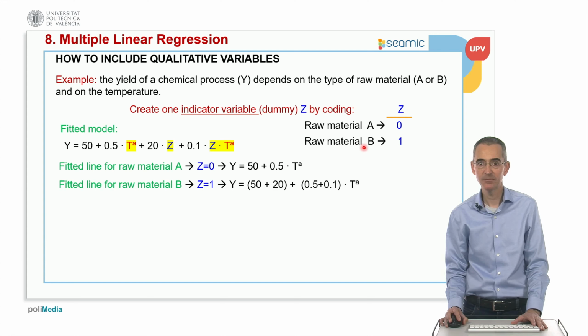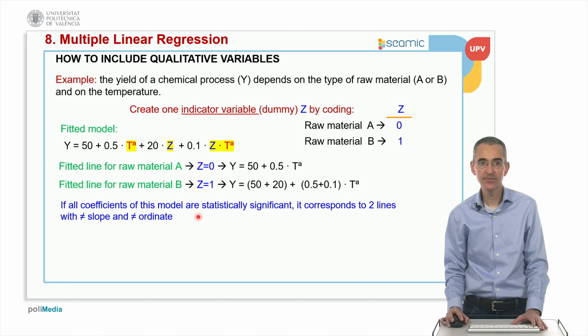So I make this 1, I make this 1, and as this is 1, this is a constant that can be added to 50. Okay, 50 plus 20. And if this is 1, the slope also increases. So what we have is another equation with a different constant and a different slope.